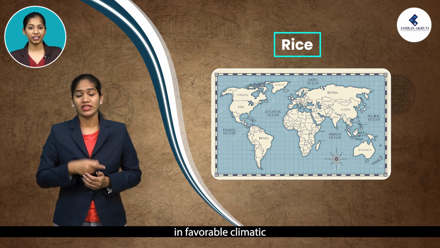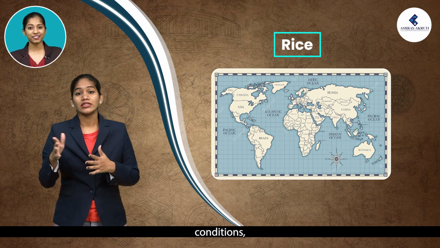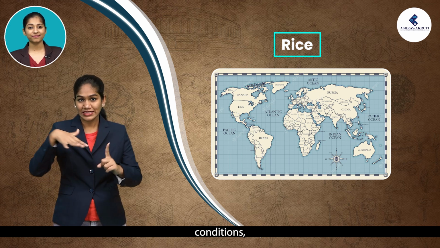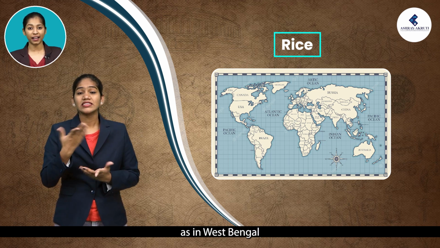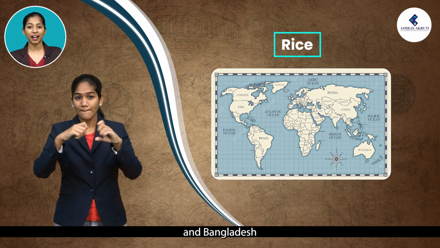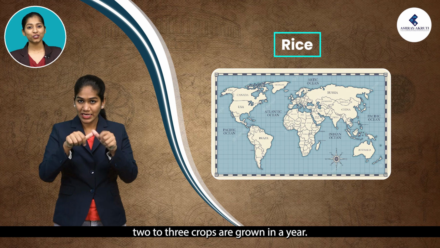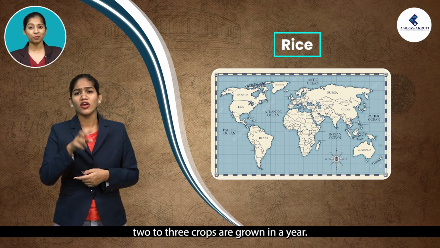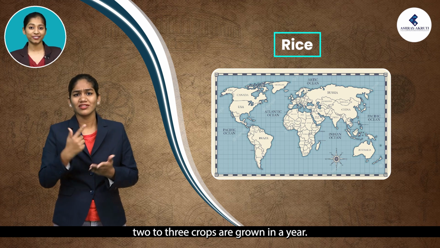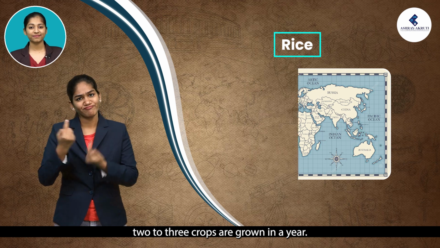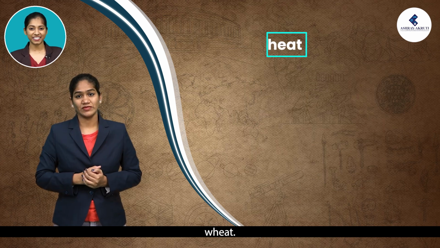In favorable climatic conditions, as in West Bengal and Bangladesh, 2 to 3 crops are grown in a year. Wheat.